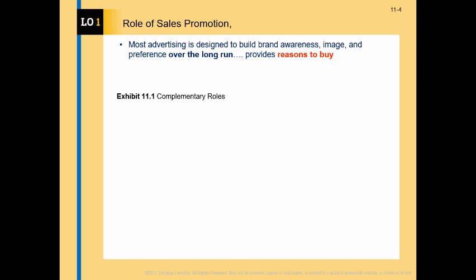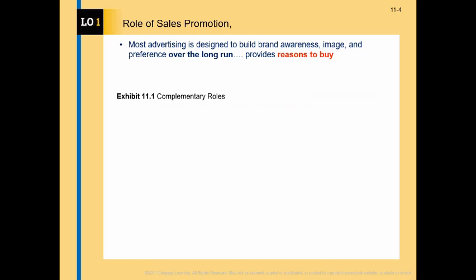It operates at a higher level, using more massive media such as television, radio commercials, billboards, etc. And it is mostly used for the purpose of informing, changing attitudes, or reinforcing attitudes or beliefs about a product or brand. But this is more in the long run.